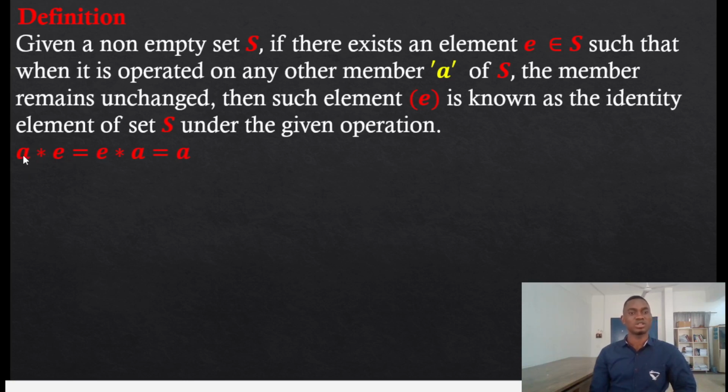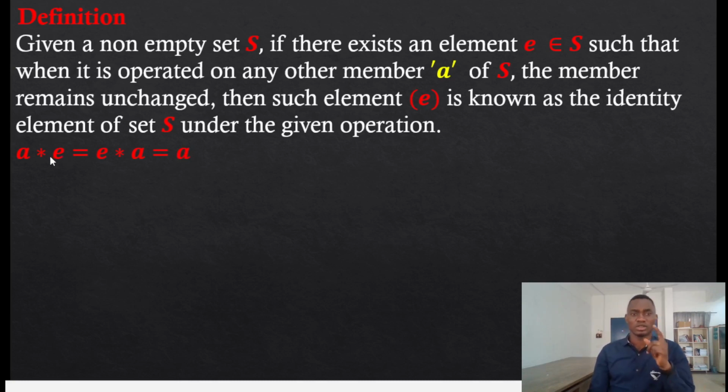Something is happening here. The first element is A, the second element is E, and they are both members of set S. But here we see that the second element E acts on the first element A, and the result is A, which is the first element. What does that mean?